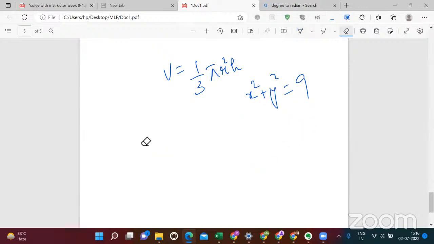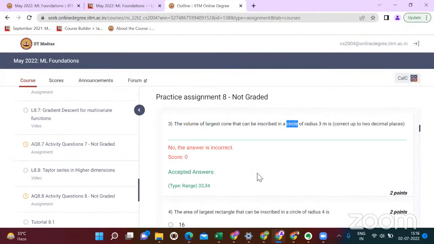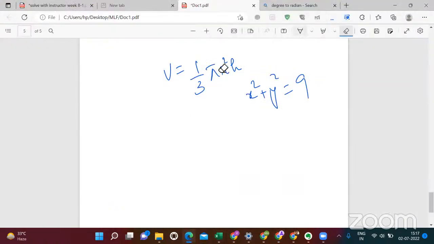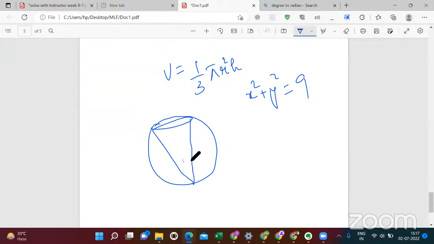So the radius, this is where the center is. Let's say r square is fine.